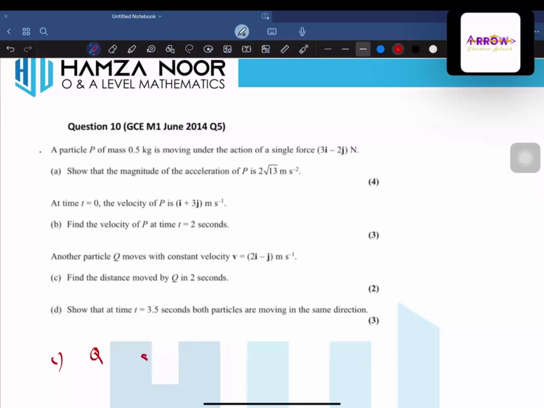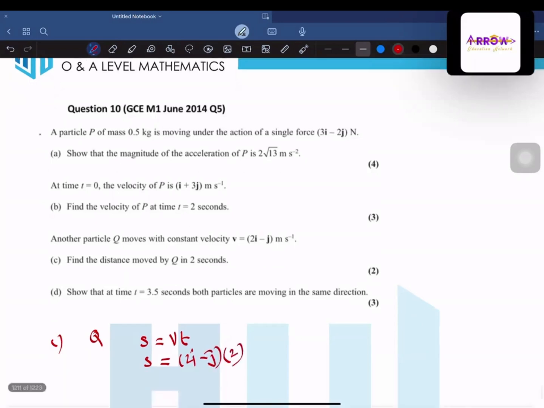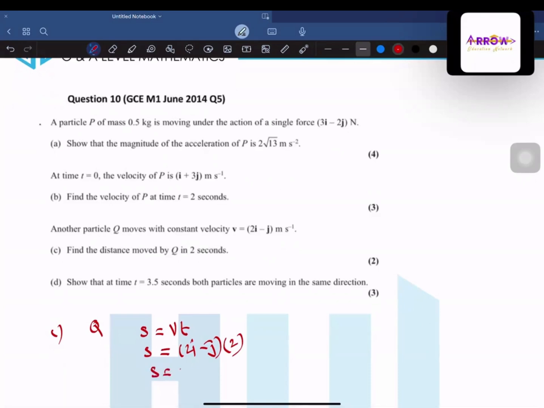Since the velocity is constant, displacement is v times t, because when we multiply velocity with time, we get the displacement vector. So the displacement vector for particle Q is 2i minus j multiplied by t. The value of t is 2 seconds. So the displacement vector is 4i minus 2j meter. Now I'm going to find the magnitude of this displacement, which will give me the distance.